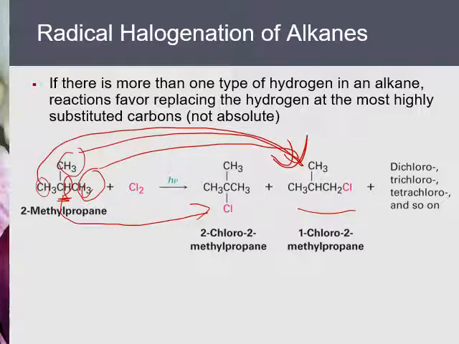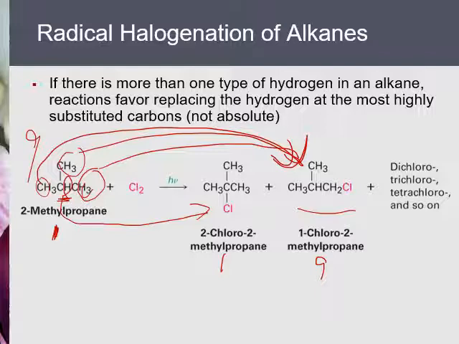So for the second product, you have 9 hydrogens that can be replaced. The first product is formed by replacing only one hydrogen. So statistically, the ratio you get should be 1 to 9, because you only have 1 for the first product, 9 for the second product.